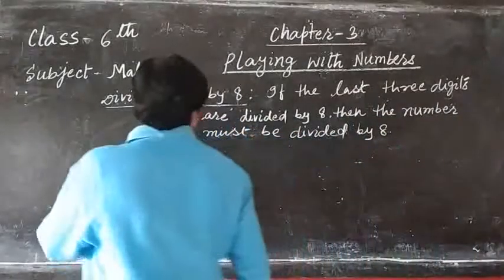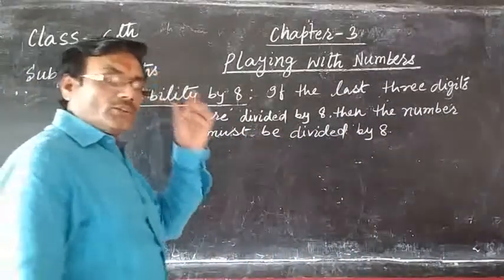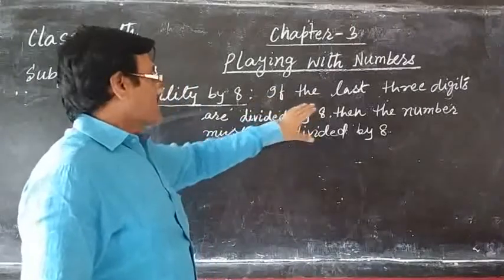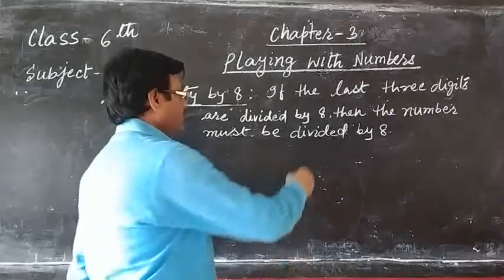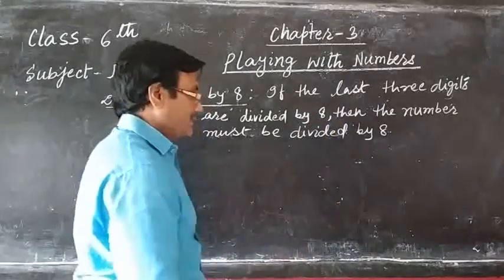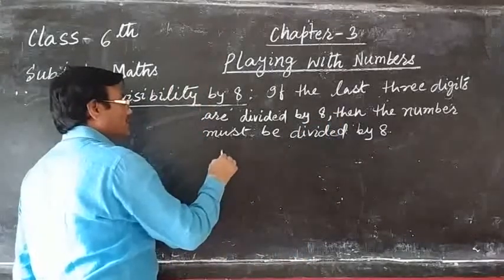So students, as I told you, if the last 3 digits are divisible by 8, then the number must be divisible by 8.